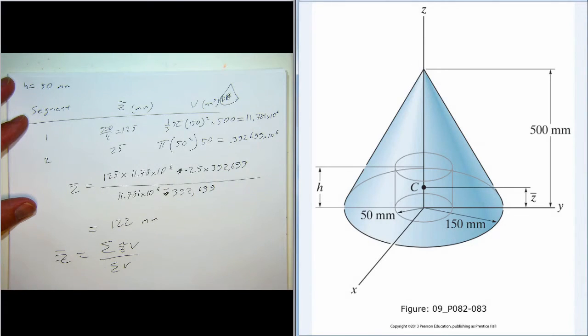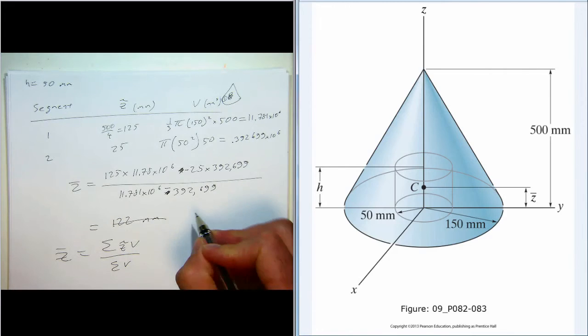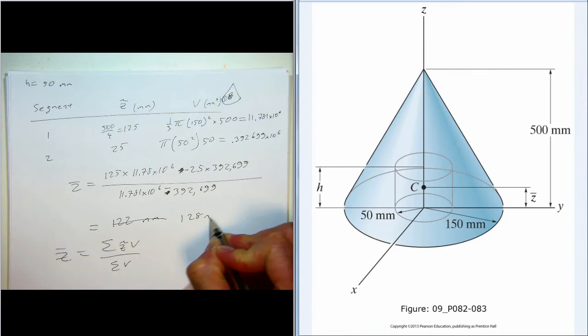That should be minus. So let me recalculate. So that's actually 128 millimeters.